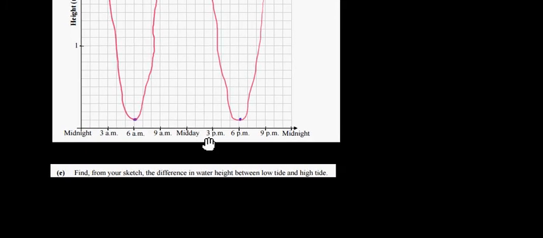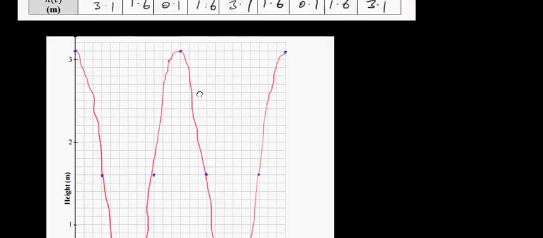So from your sketch, really what you're required to do here, I guess, is just go across here at low tide, read that off there, that's 0.1 meters. Come up here then, your high tide is going to be here at 3.1. So that's going to be 3.1 meters here. So the difference then is going to be just simply 3.1 meters minus 0.1 meters. That gives you 3 meters. That's the difference in water height between low tide and high tide.